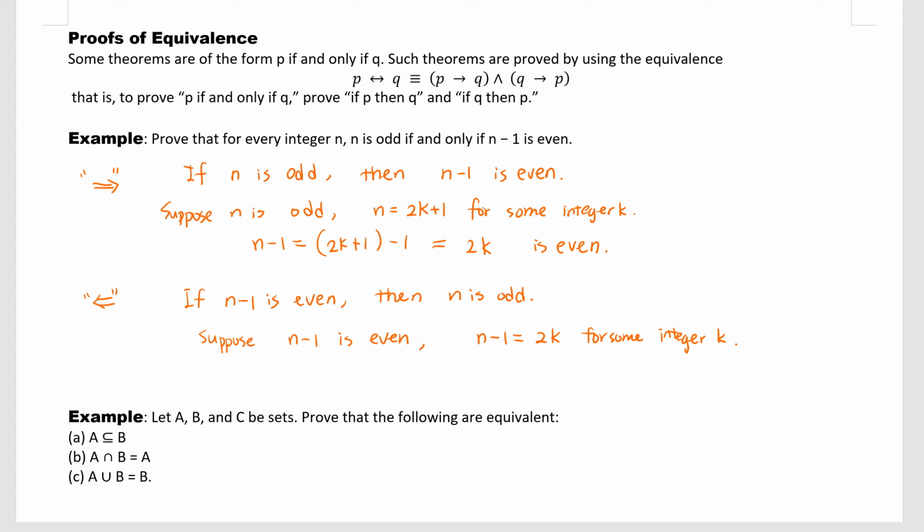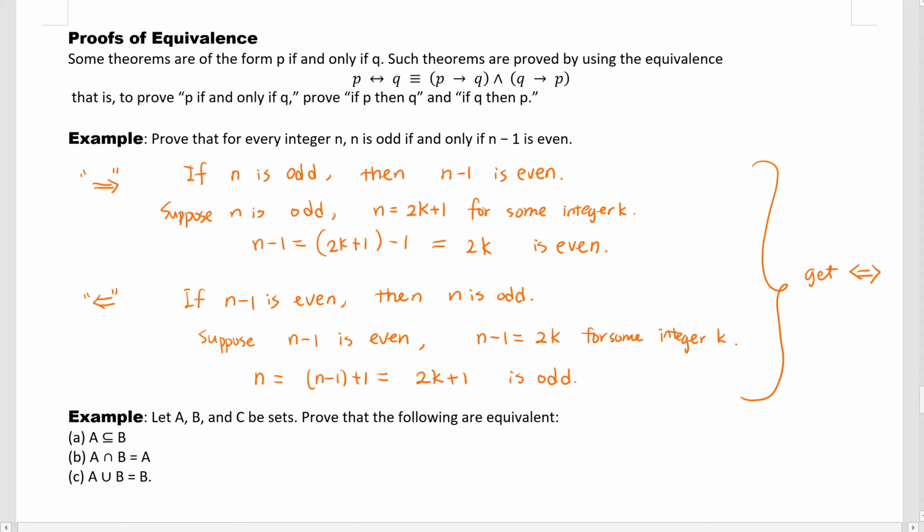Or you can say, suppose n minus 1 is even, there exists some integer k such that n minus 1 equals 2k. It's the same thing. I find this way shorter, so that's why I put it this way. Okay, and then n is n minus 1 plus 1, so that is 2k plus 1, because k is an integer, so this is odd. Therefore, combining both, we get if and only if. Okay?